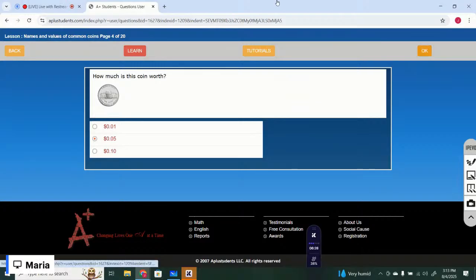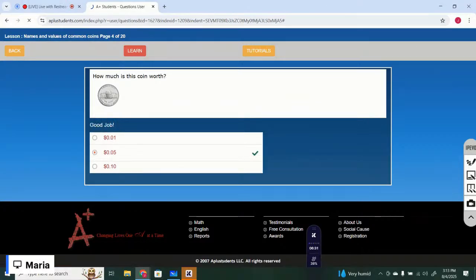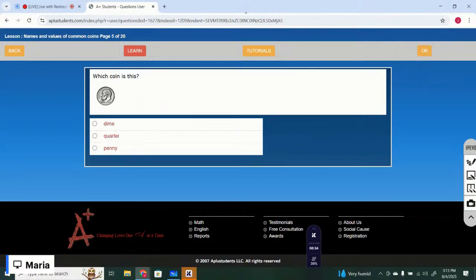Option number 2 is the correct option. Which coin is this?